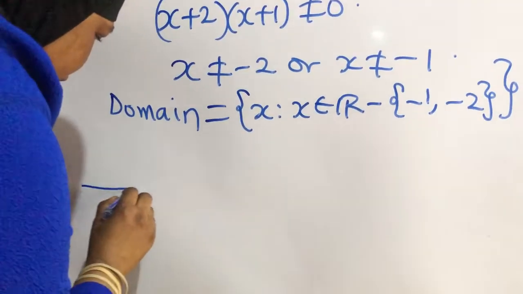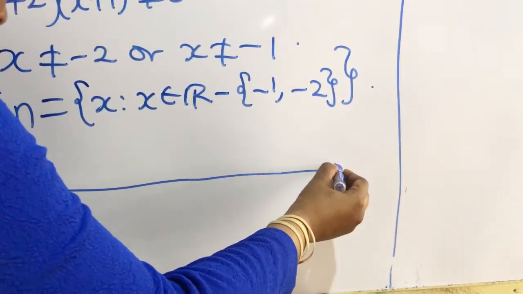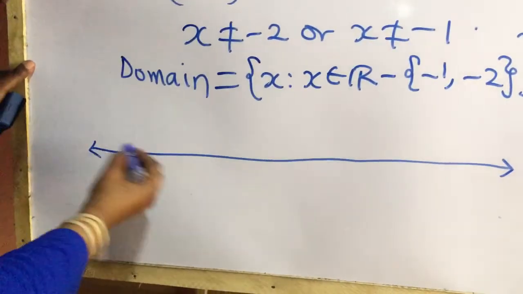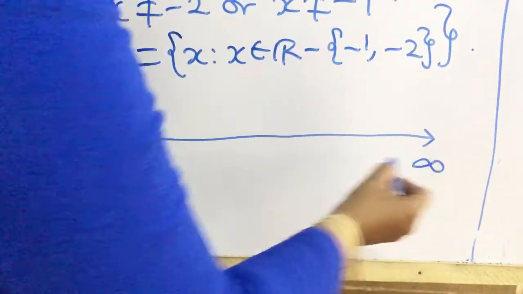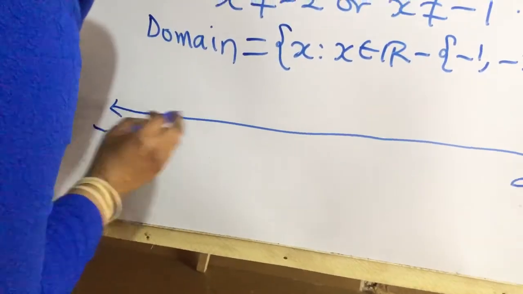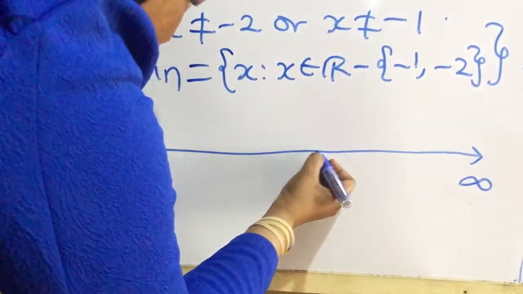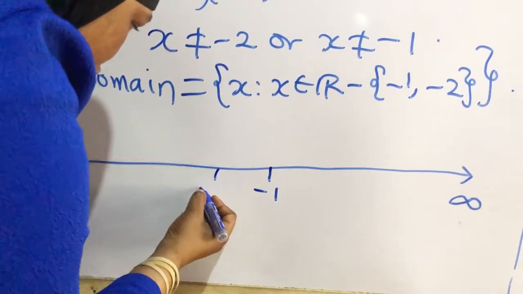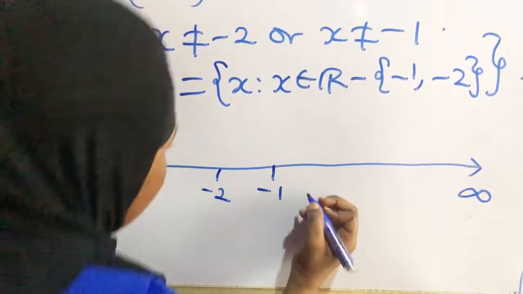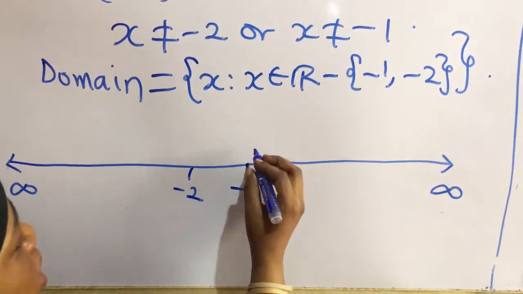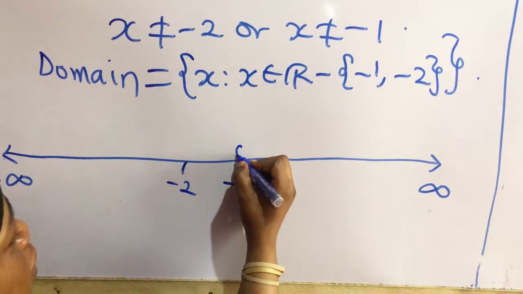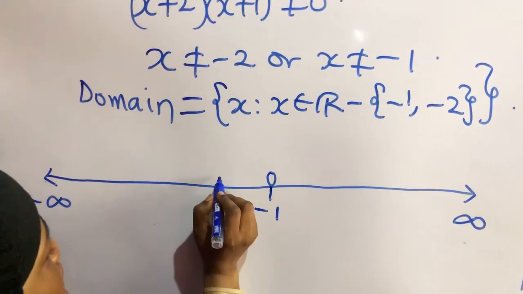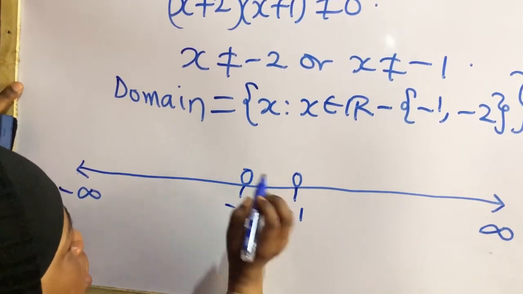So we can represent it on a number line. Here is positive infinity, here is negative infinity. I have minus 1 here, and we have minus 2 here. So all other numbers can be plugged in for this function to be valid except minus 1 and minus 2.